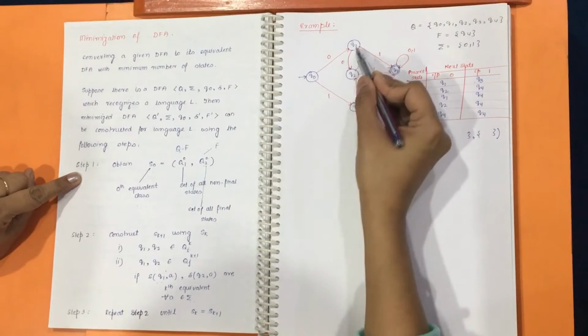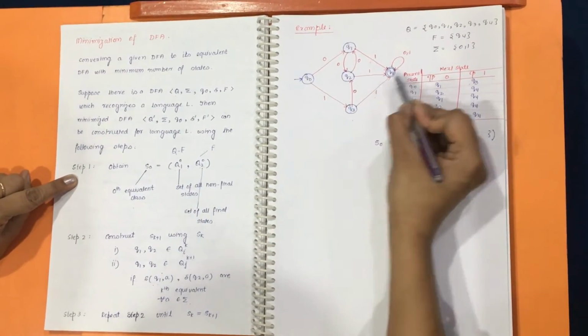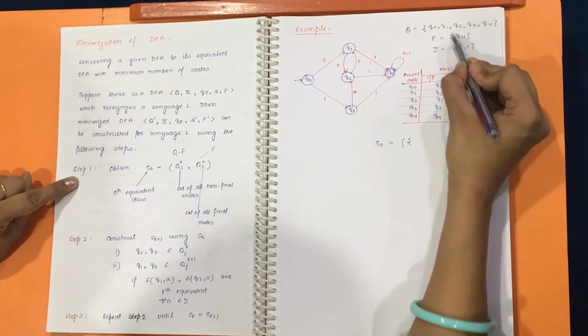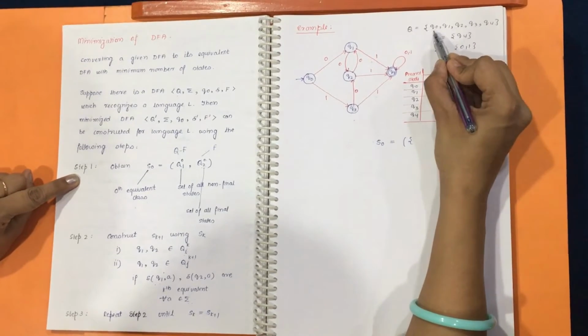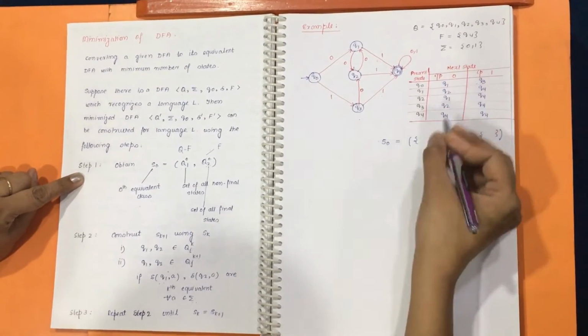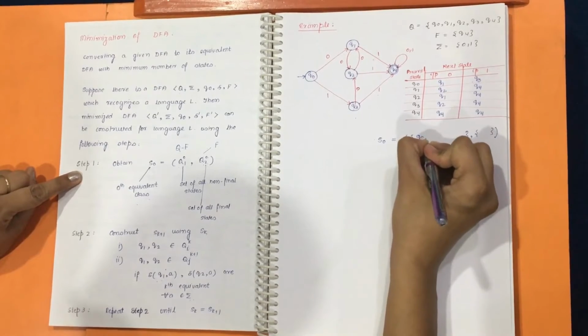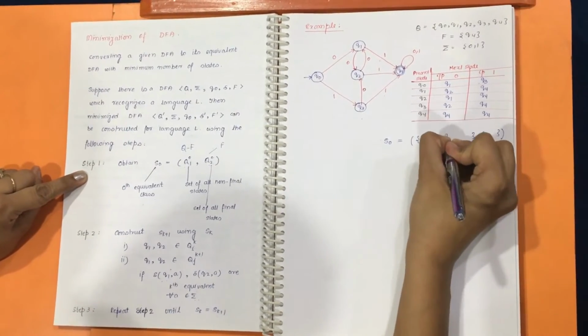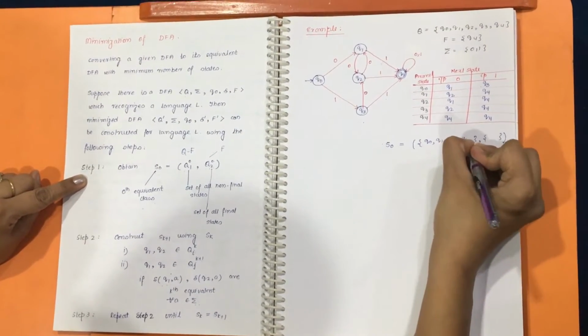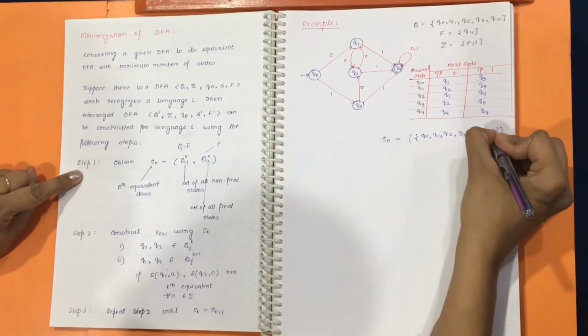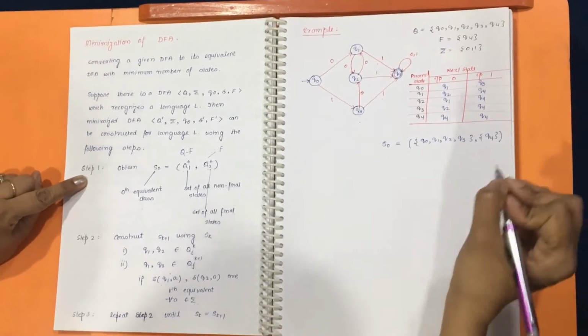The states are Q0, Q1, Q2, Q3, Q4, and Q4 is the final state. So the remaining non-final states are Q0, Q1, Q2 and Q3, and in the first set we will write Q0, Q1, Q2 and Q3. In the other set we will write the final state, that is Q4.